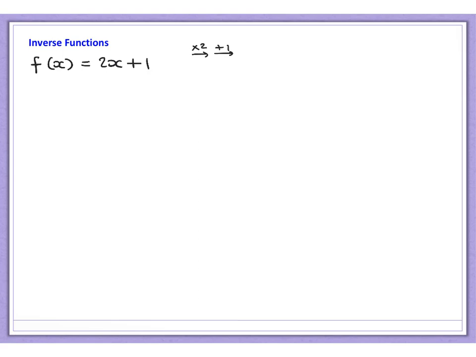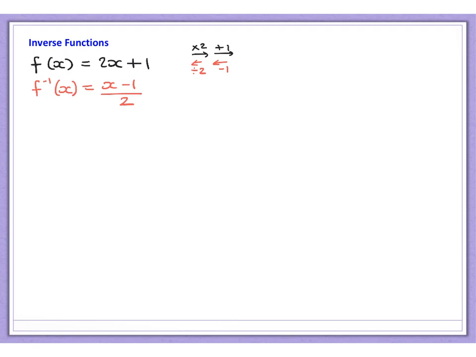If I want to reverse this, I would subtract 1 and then divide by 2, which allows me to write down the inverse function, which is expressed as f minus 1 of x equals x take away 1 divided by 2. And that should make logical sense. If you multiply by 2 and add 1, to reverse that you subtract 1 and then divide by 2.